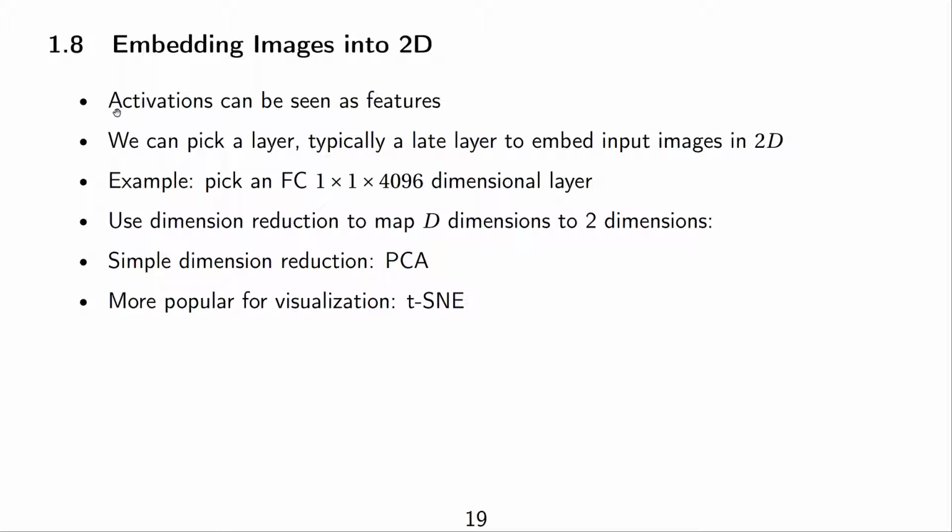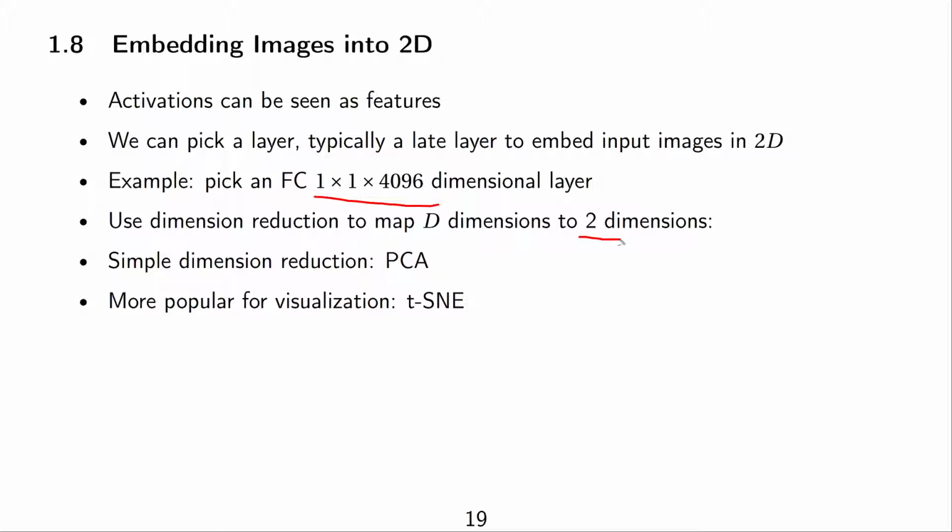Now we would like to embed the input images in 2D somehow and hope that similar input images are close by. So let's say we pick one of the fully connected layers that creates a 4096-dimensional vector as output, and then we use dimension reduction to map these D dimensions, 4096 dimensions, to 2 dimensions. So we locate all the features in the Euclidean plane.